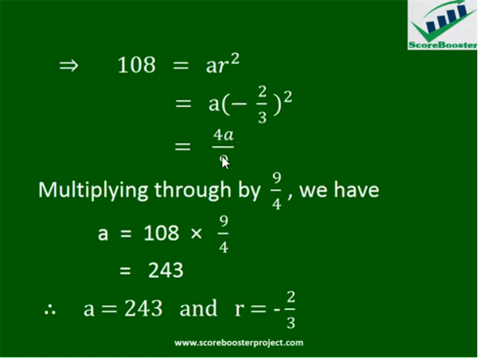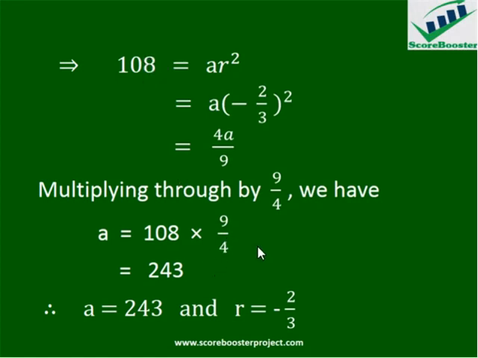Since we have to obtain the value of a, we make a the subject of the formula by multiplying both sides by the inverse of its coefficient. Since the coefficient of a is 4 over 9, we multiply through by 9 over 4. If we multiply 4a over 9 by 9 over 4, we are left with only a, which equals 108 multiplied by 9 over 4.